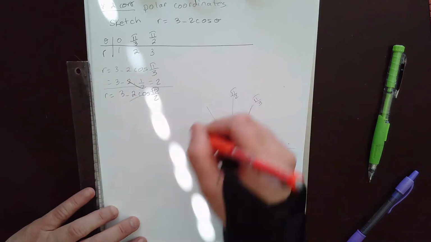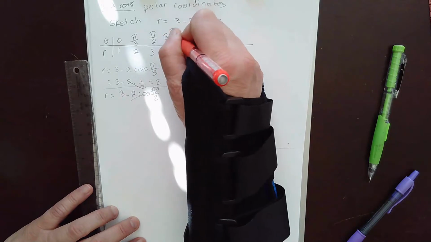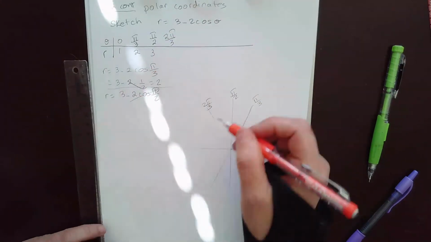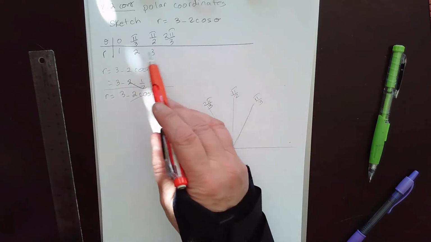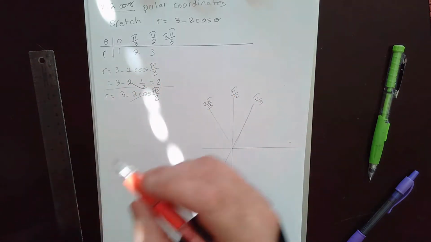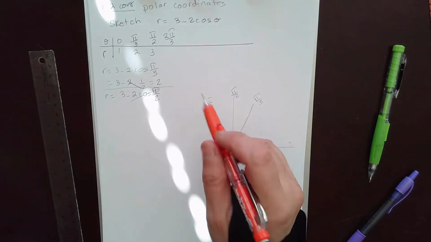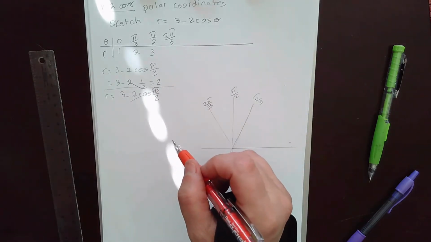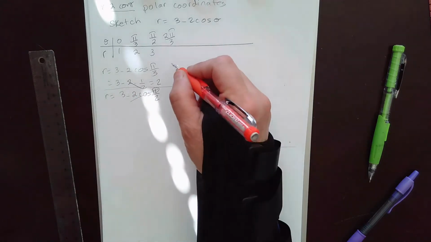So let me select 2 pi over 3 as well, just to make things a little bit easier since I already selected pi over 3. So pi over 3 would be the reference angle. So 2 pi over 3 is in quadrant 2. In quadrant 2, the cosine is negative. So it'd be similar to that, but what?